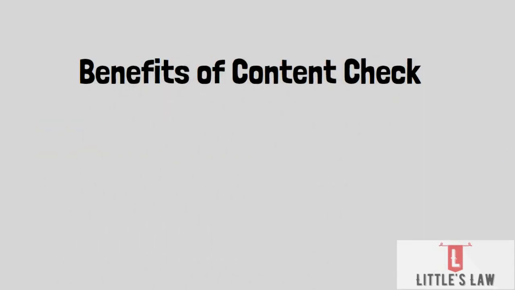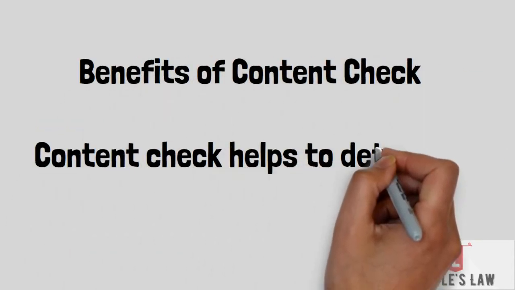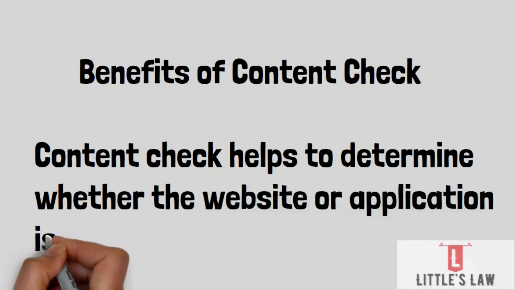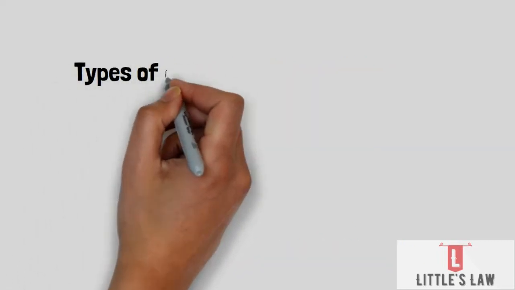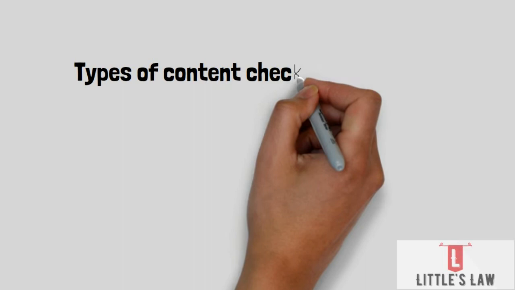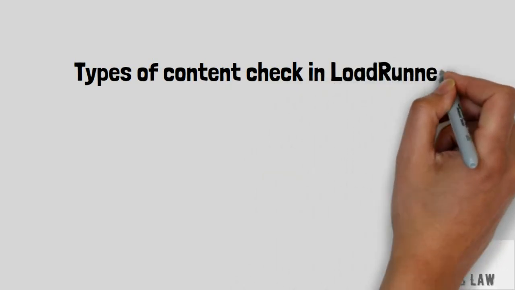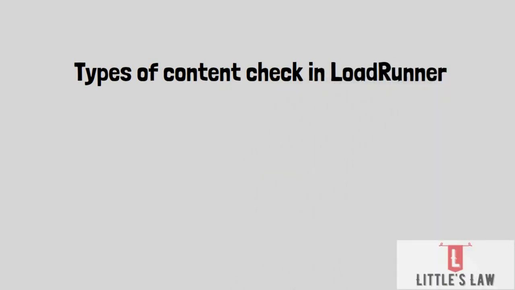These content checks help in determining whether the website or the application is functionally correct, and whether we are getting the proper response from the server. And the major thing is, during the load test or the stress test, we can use this content check to verify whether the server is still responding and is still resilient to the load.